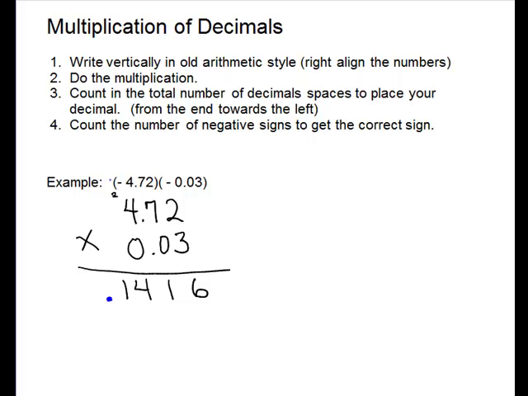So we don't have to write a positive symbol. In some classes, the teachers are very particular about having a 0 on the left of the decimal if there is no number there. Mathematically, it doesn't matter, but if you're in one of those classes, just go ahead and put your 0 on there if there is no number on the left of the decimal.